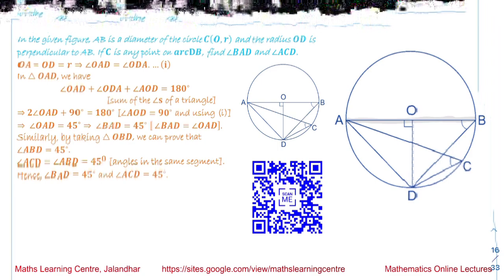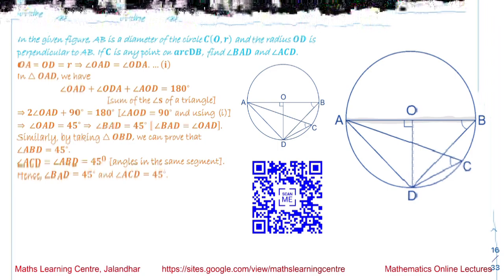To prove this, we do the construction: we join the point B with the center O and the point C with the center O. Now this BC is the smaller segment. It means this angle over here is greater than 180 degrees, and both of these angles, BOC and BAC, are for the arc BDC, the larger arc; one is the angle at the center and the other is the angle on the circle.